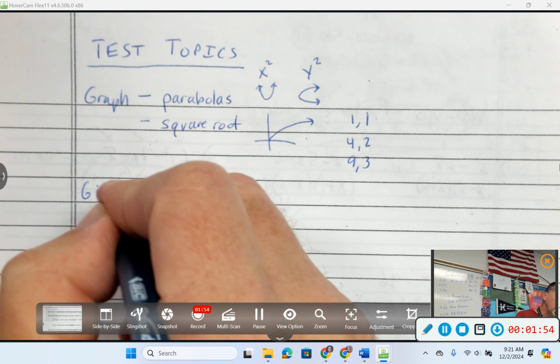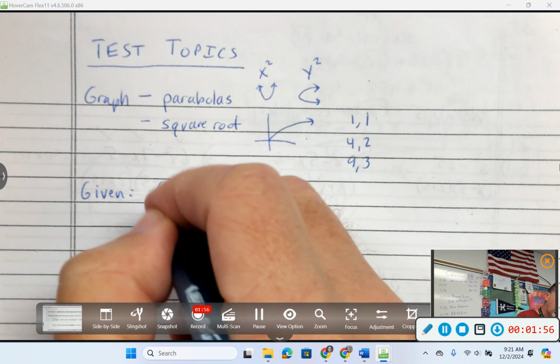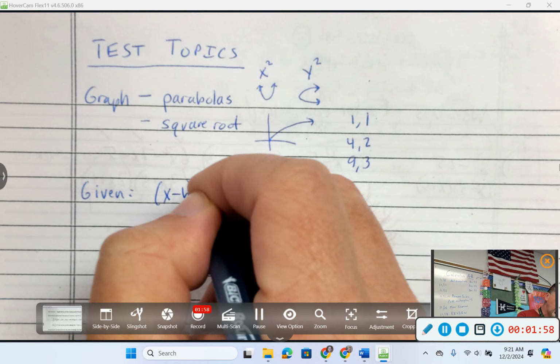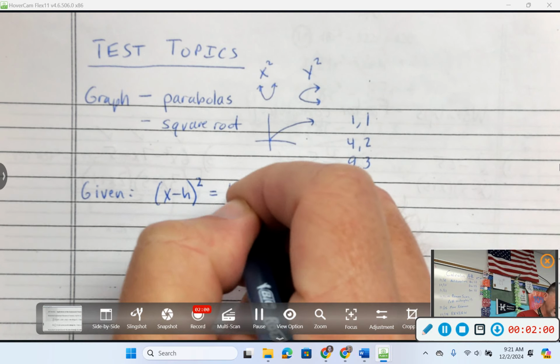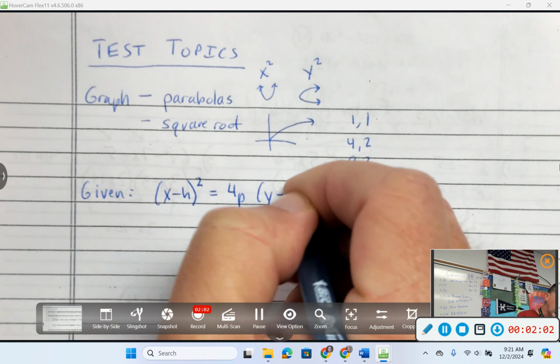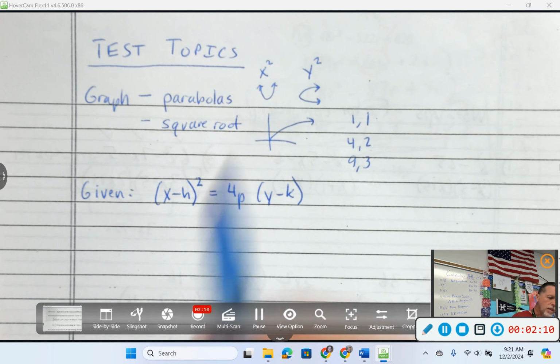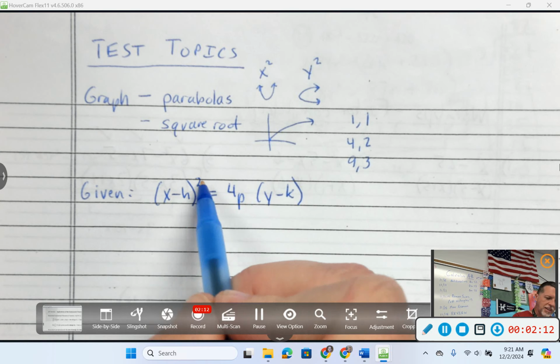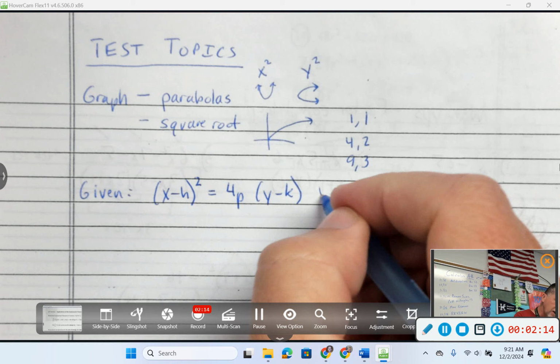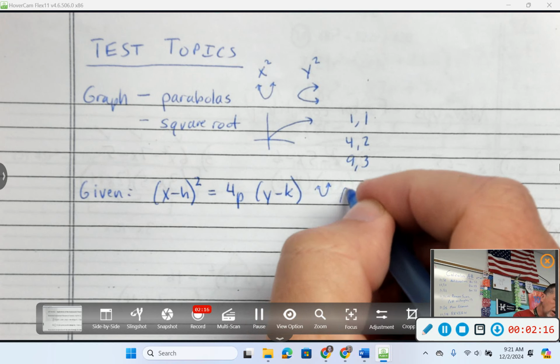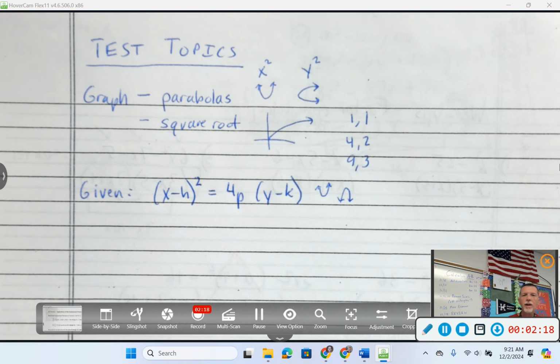What will be given to you on the test is that basic format of the parabolas. The x minus h squared equals 4p y minus k. Obviously that has an x squared term in it, so that would be either an up parabola or a down parabola.